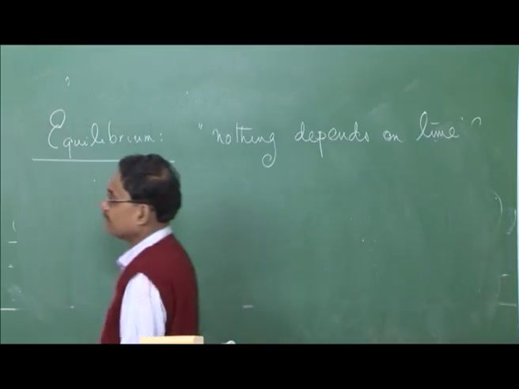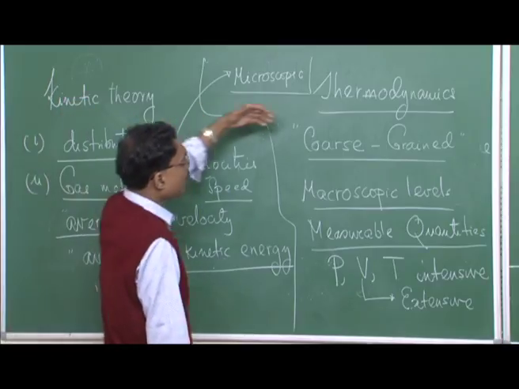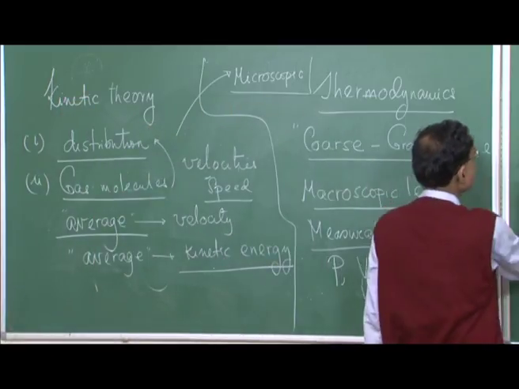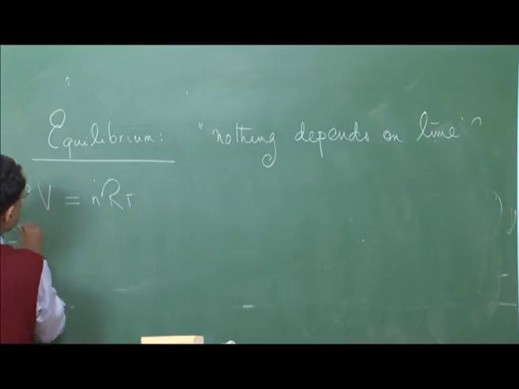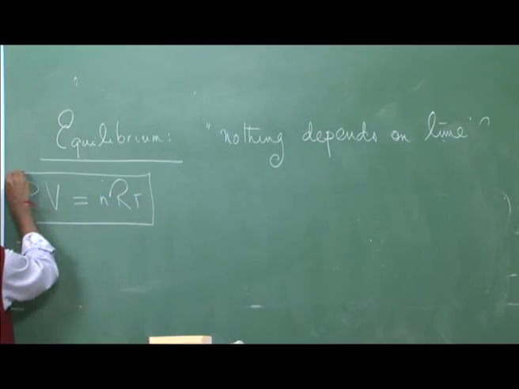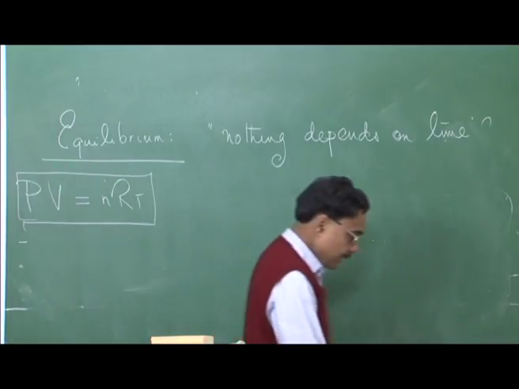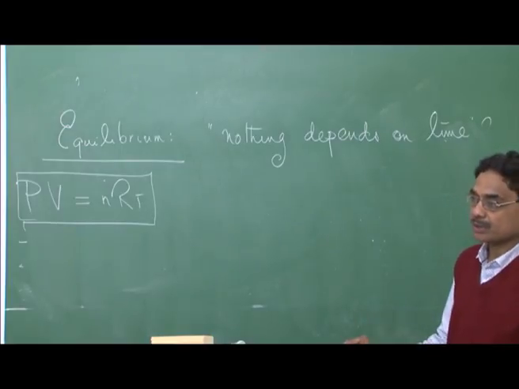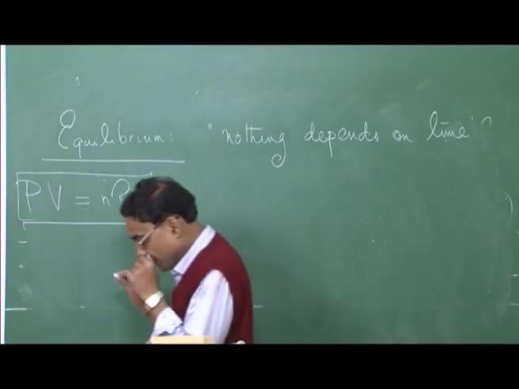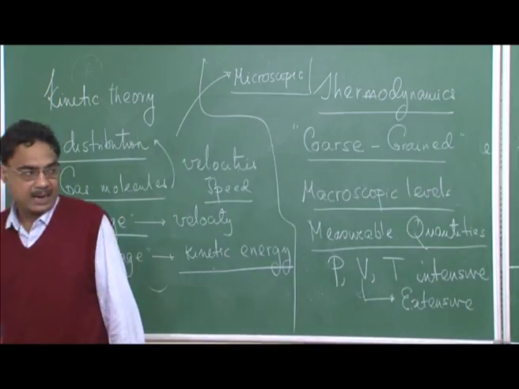In equilibrium, whichever approach I take, kinetic theory or thermodynamics, my ideal gas equation PV is equal to nRT, where n is the number of moles, does not change. So, this is very, very important, that equilibrium results do not depend upon whatever approach I am going to take.